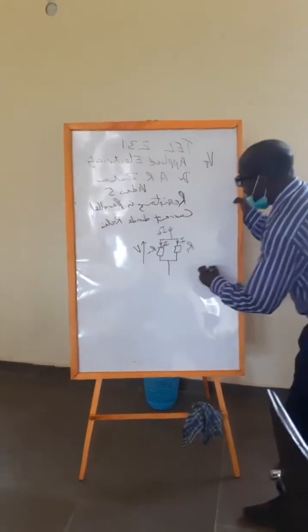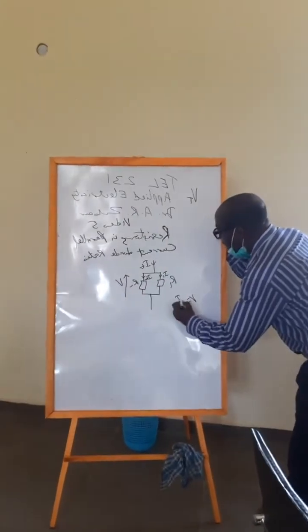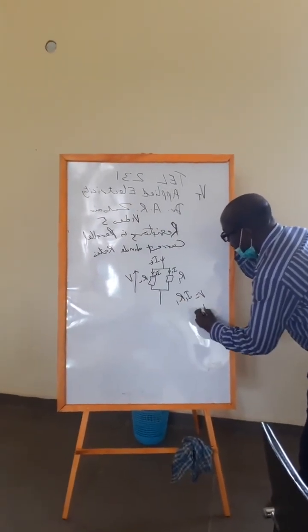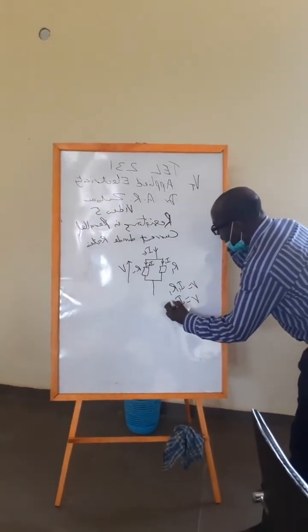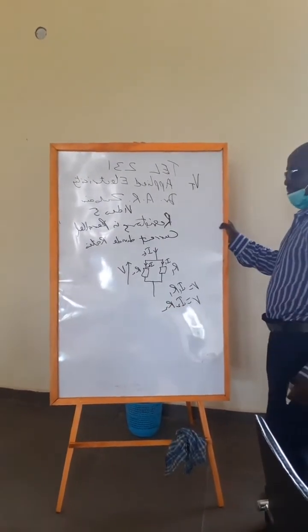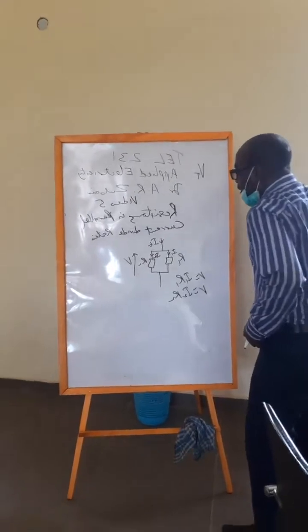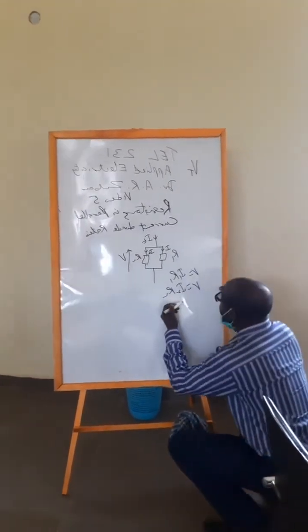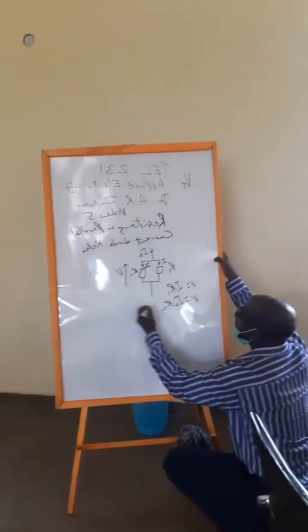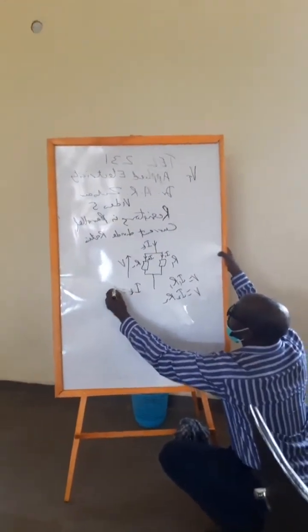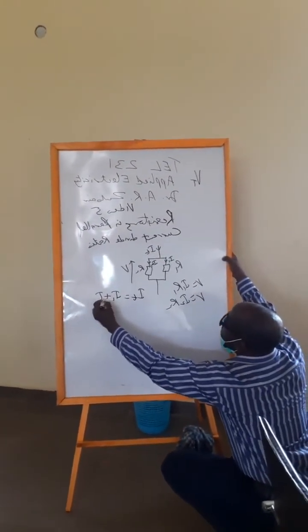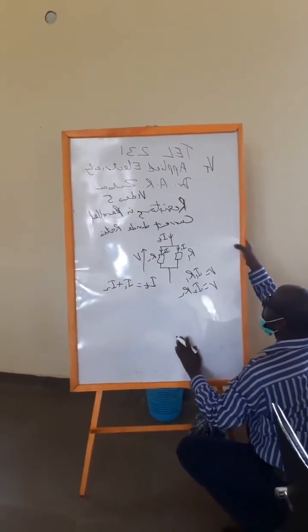You know that V is going to be equal to I1 R1. The same V is going to be equal to I2 R2. And from here, I know that IT is going to be equal to I1 plus I2. We know that?